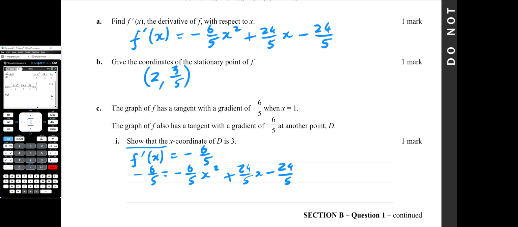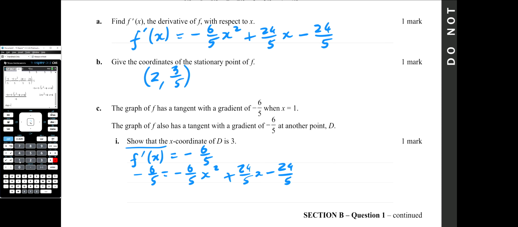And now we can basically use our calculator to help us simplify what's going on over here. In other words, you type in negative 6 over 5 equals, and simply keep pressing up and copy and paste the answer there. So we can now use a calculator to help us simplify the equation so it's easily solvable. So we can multiply both sides by 5. That gets rid of all the denominators. We can then divide both sides by -6. We get 1 equals x squared minus 4x plus 4.